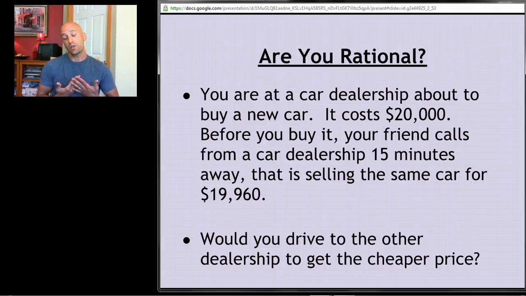Both times, the question is: is it worth it to you to drive 15 minutes to save $40? Same exact question in both situations. That's what rationality means, logically leading yourself to the right conclusions. Economists assume that people are rational. I challenge you to think about whether or not that's actually true.